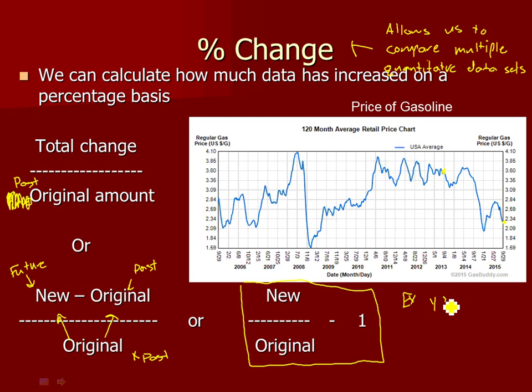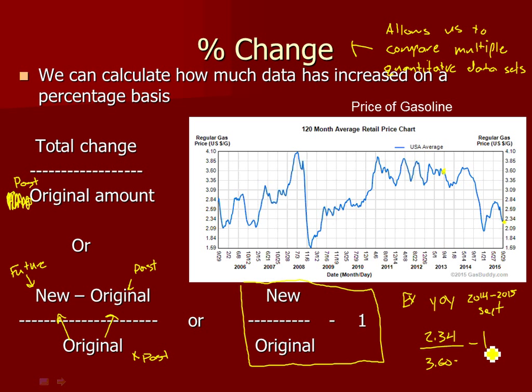So the year-over-year price change from 2014 to 2015 in September would be the new price, $2.34, divided by the original price, last year's $3.60, minus 1.